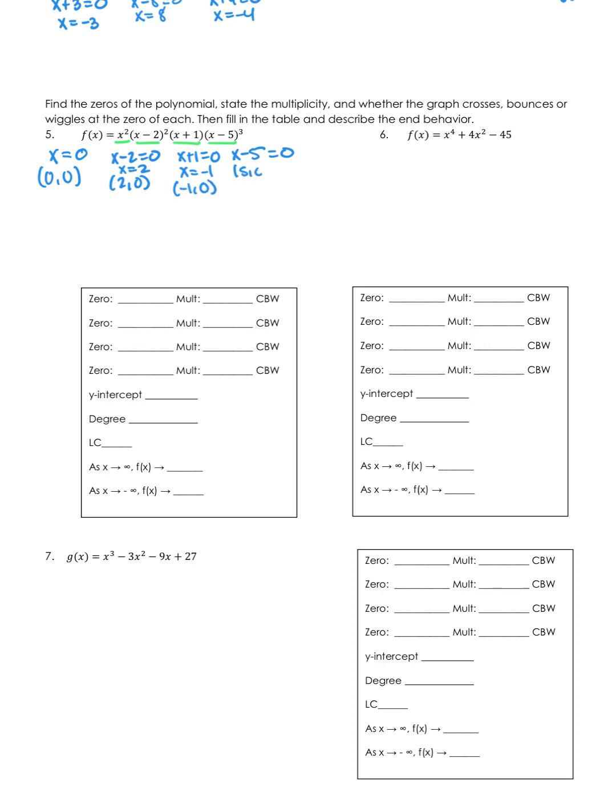And this one will be 5, 0. So go ahead and put each of those zeros in the 4 blanks, decide the multiplicity, and circle cross, bounce, or wiggle.